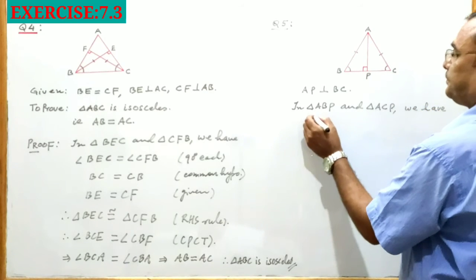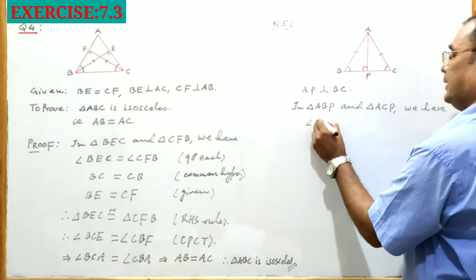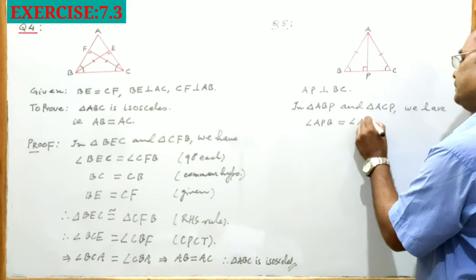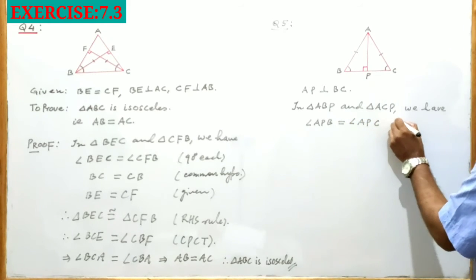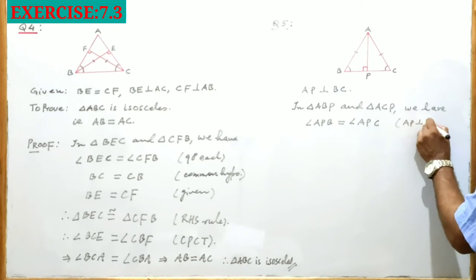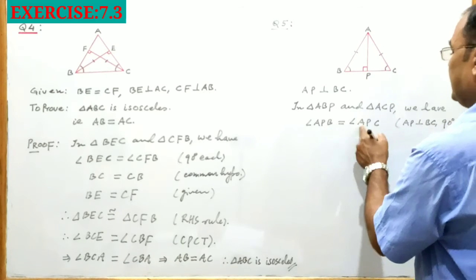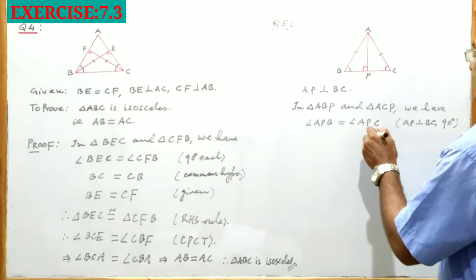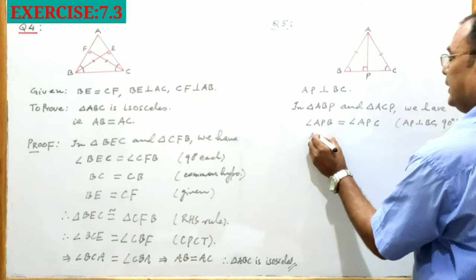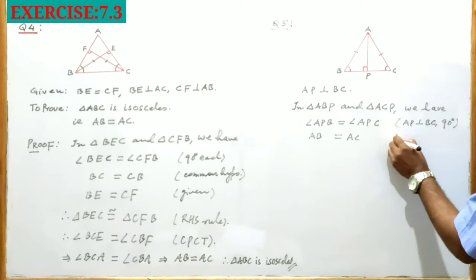we have angle APB is equal to angle APC, 90 degree each, because AP is perpendicular to BC. So both APB and APC are 90 degree each. AB is given equal to AC.